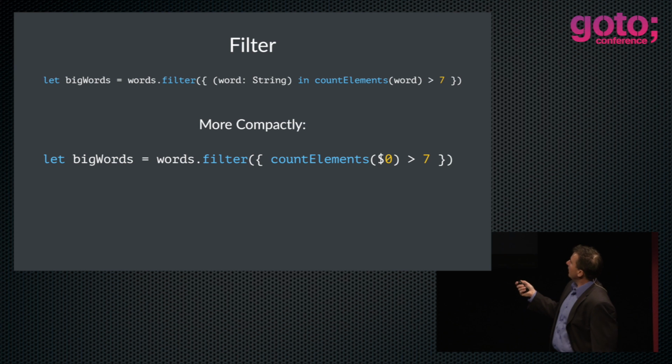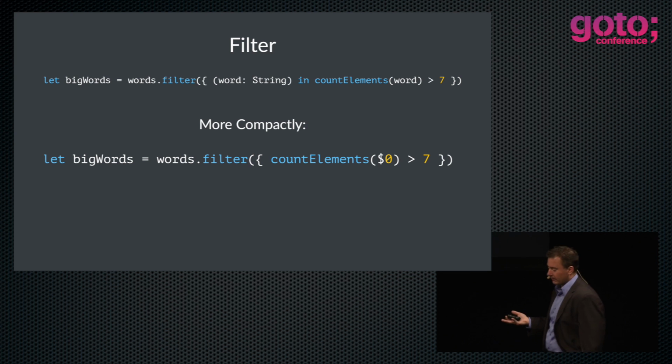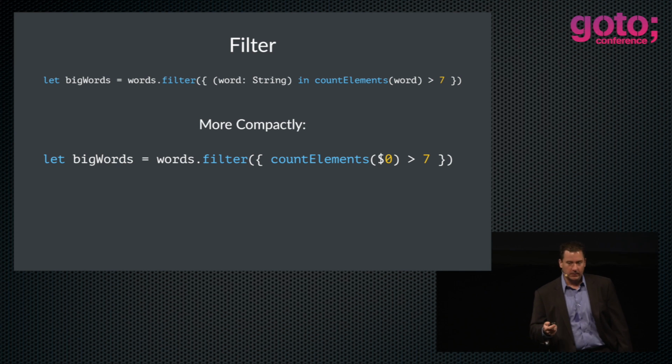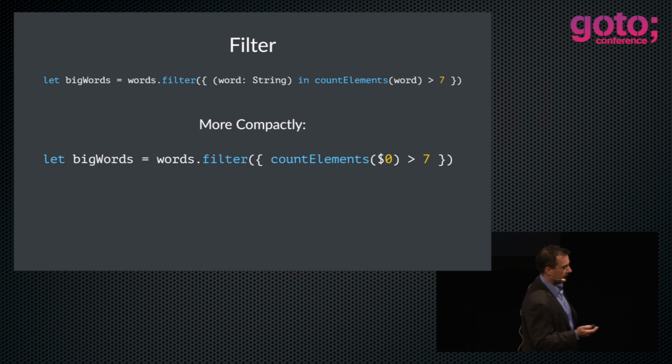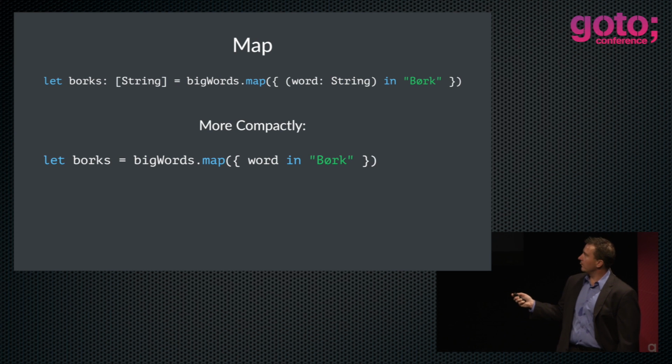So here we are saying filter, and you pass in a parameter word. And the count of elements, in terms of a string, is saying how long is that string. And a word greater than 7 characters, we're going to chuck out. And so this big words array is going to be the filtered list of words that has 7 or fewer characters.